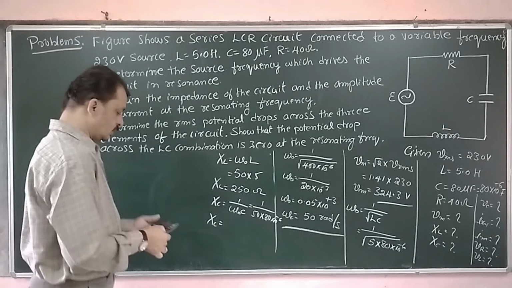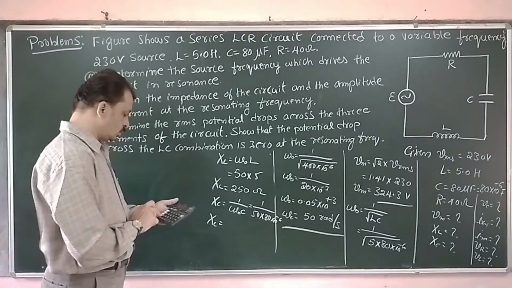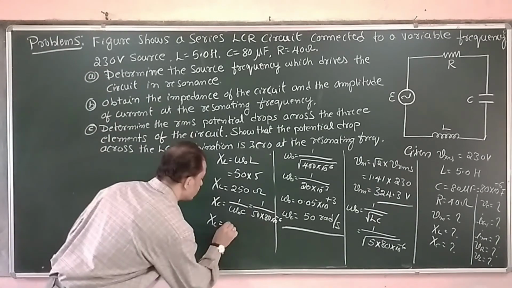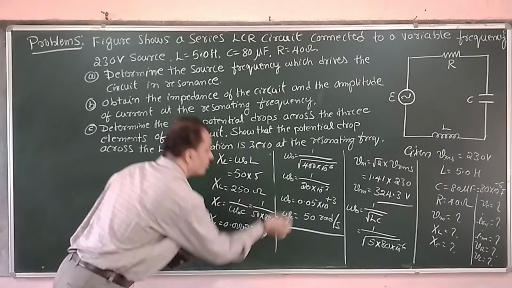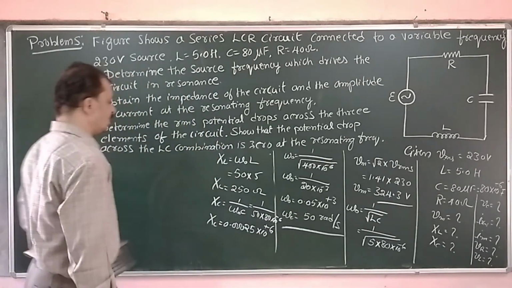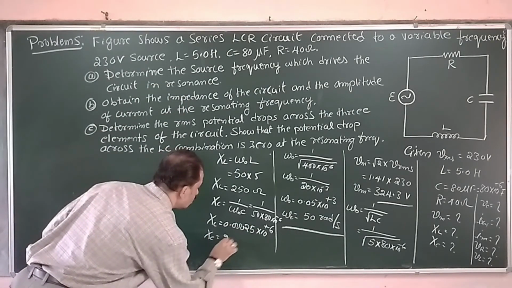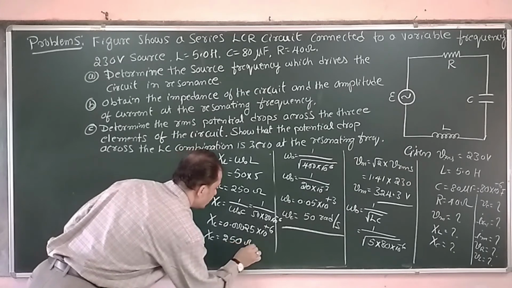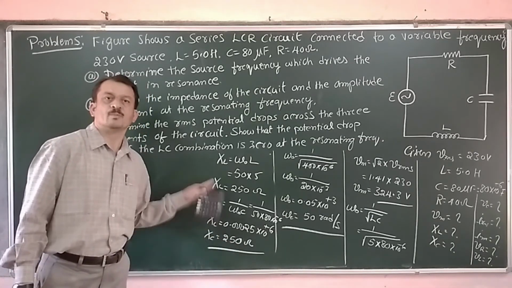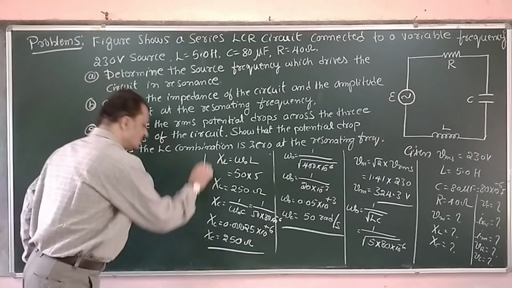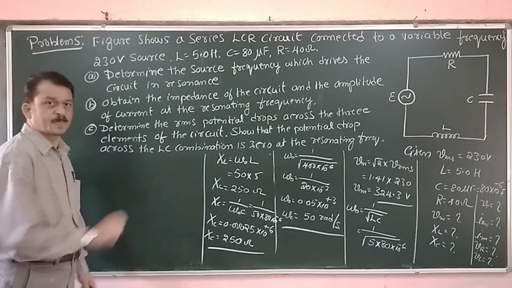Therefore, Xc is equal to, I will work out 1 divided by 4000 is equal to 0.00025 into 10 to the power of minus 6, numerator becomes plus 6. If I simplify 1, 2, 3, 4, 5, 6, therefore Xc is equal to 250 ohms. XL is 250, Xc is 250. Both are equal at resonance, and hence the voltage across the two combination is obviously 0.